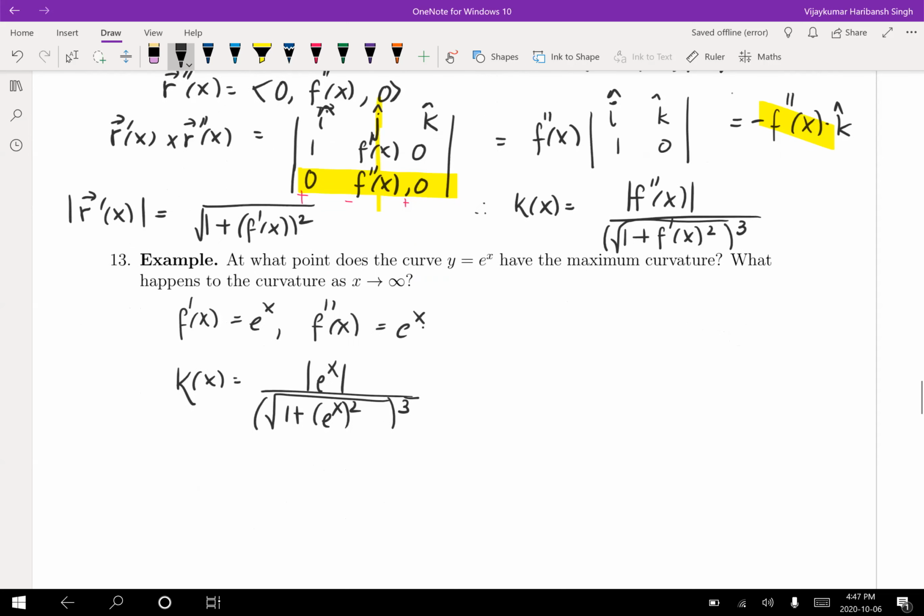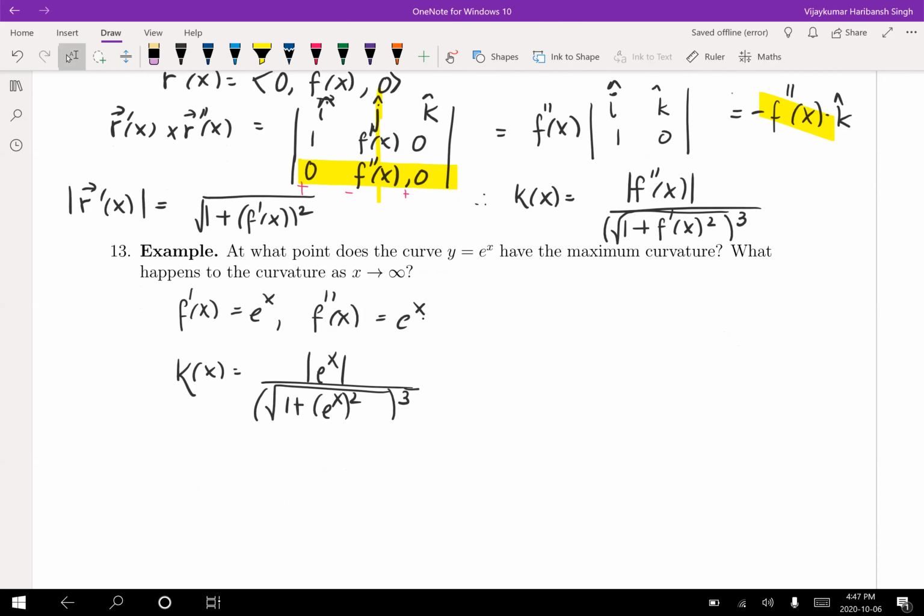So this is the curvature. Note that the denominator is always bigger than the numerator, because you're squaring and then you have 1 plus e to the power 2x, so this is going to be bigger.